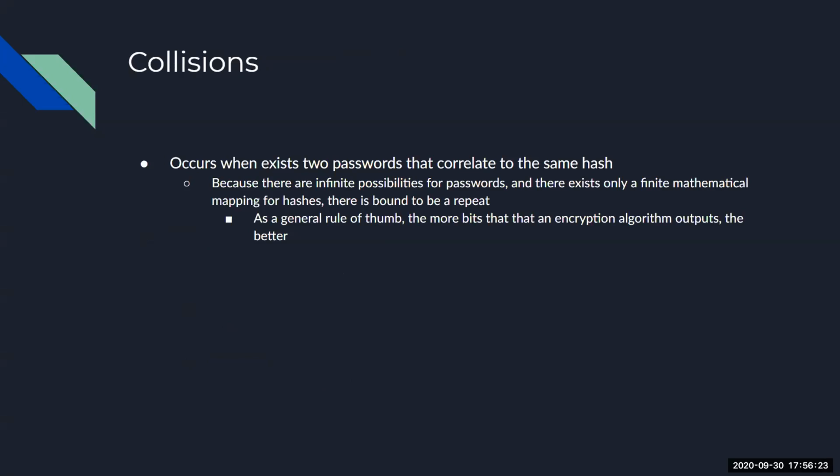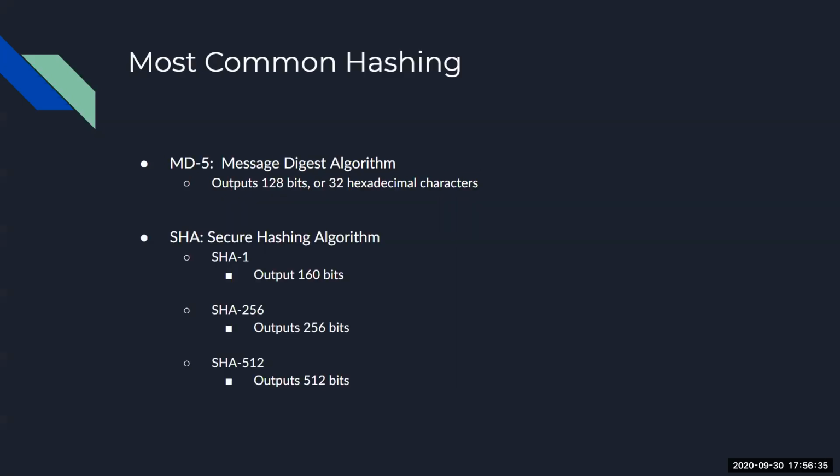Collisions. Collisions are what happens whenever two passwords result in the same hash. Whilst there are infinite possibilities of passwords, because you are only outputting, in MD5, 128 bits of data, you would take the base as the amount of ASCII characters you can choose from, and then take it to the power of 128.